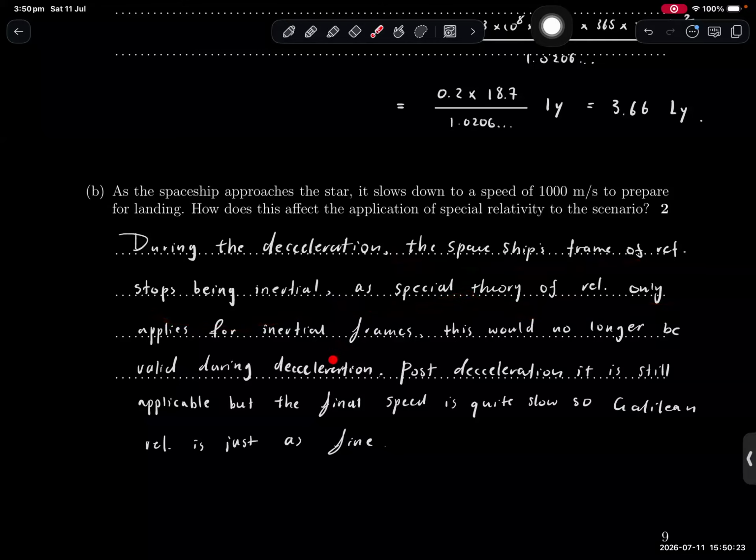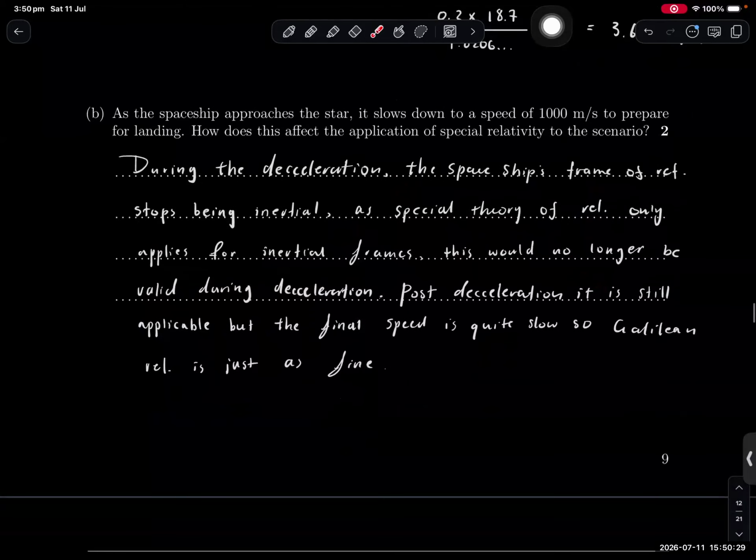This would no longer be valid during deceleration. After this deceleration, it is still applicable, but the initial and final speed is quite slow, so Galilean relativity is just as fine. You don't need to transform it with the Lorentz transformation. 1,000 meters per second is non-relativistic.